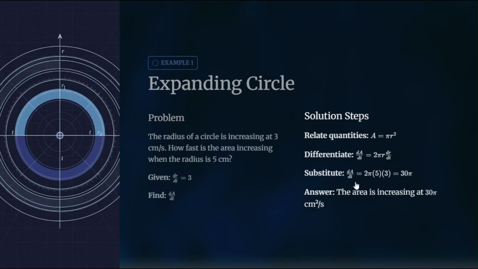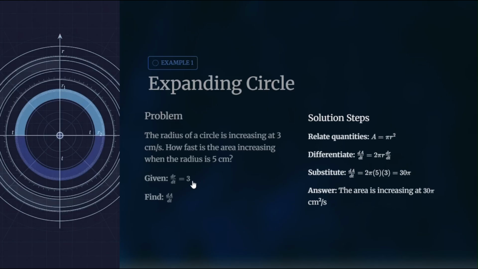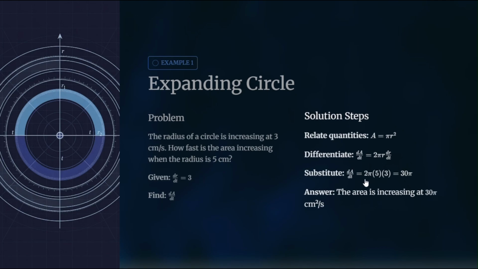Substituting the given values, we know that dr/dt is 3, the radius is 5, so dA/dt will be equal to 2 pi times 5 times 3, which is 30 pi. Therefore, the area is increasing because our related rate is positive. The area is increasing at the rate of 30 pi centimeters squared per second.